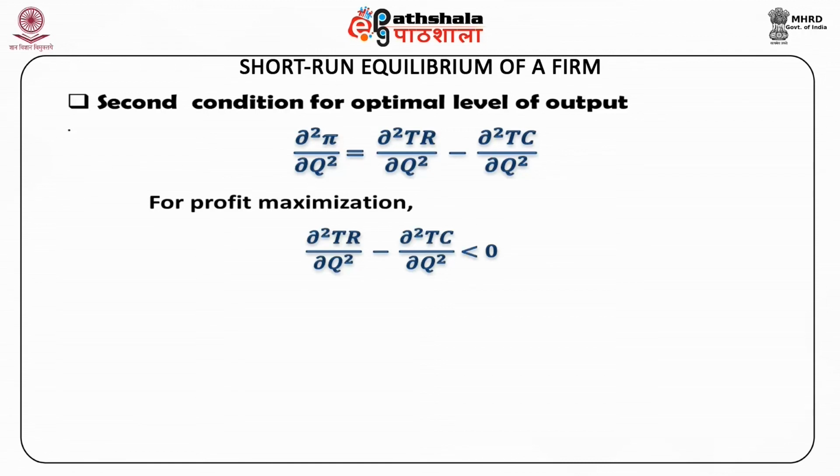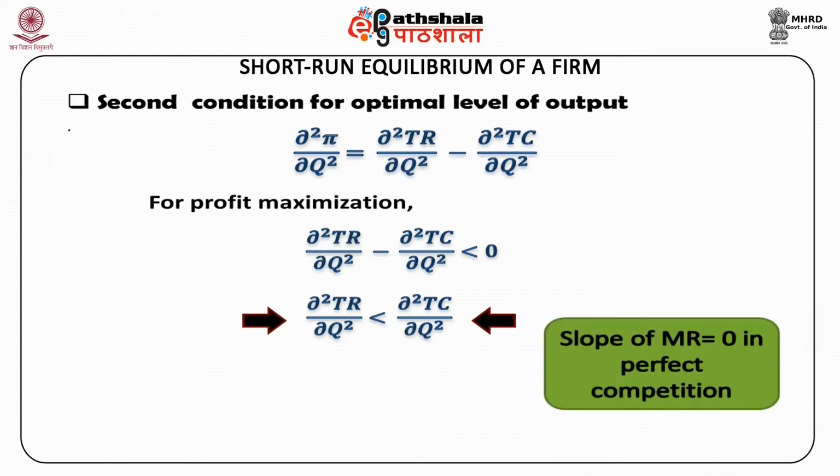Thus, we can write this as delta square total revenue divided by delta Q square less than delta square total cost divided by delta Q square. This side represents the slope of the marginal revenue curve and this represents the slope of the marginal cost curve, so that the slope of the marginal revenue curve is less than the slope of the marginal cost curve.